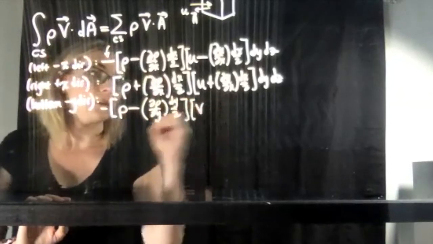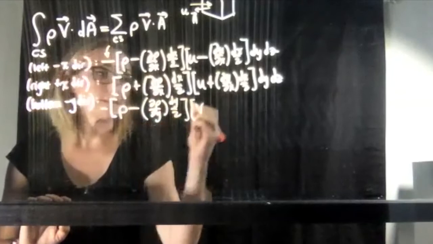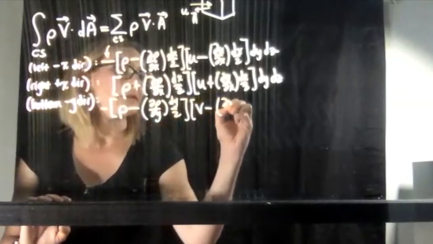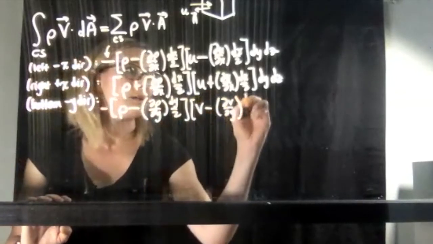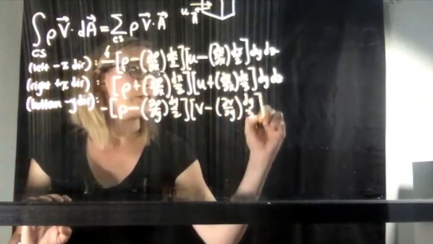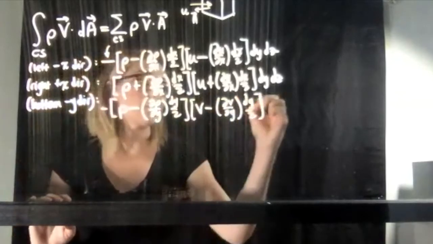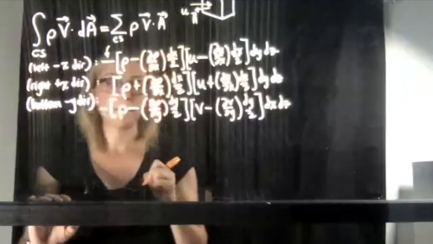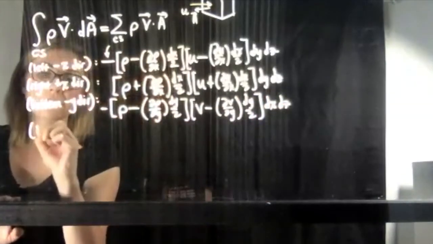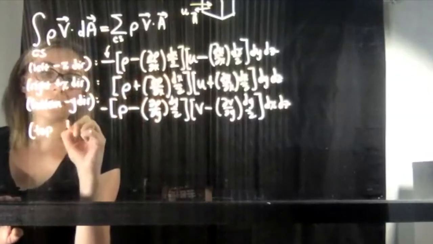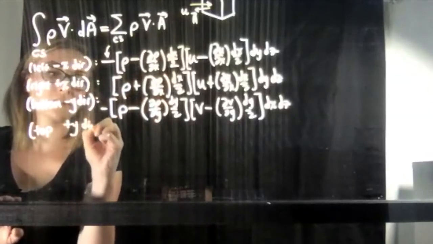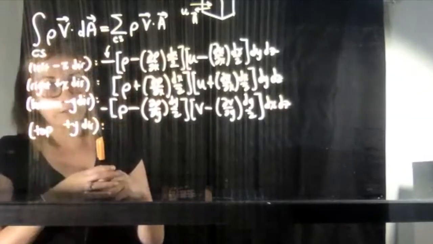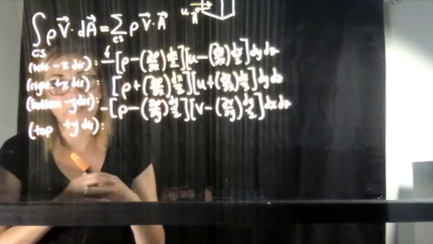And then v, so the y component of velocity, minus dv dy, dy over 2. And then of course here the area of our face is dx dz. All right, and then similarly for the top surface, so this is the positive y direction, now our velocity and our unit normal are oriented in the same direction.